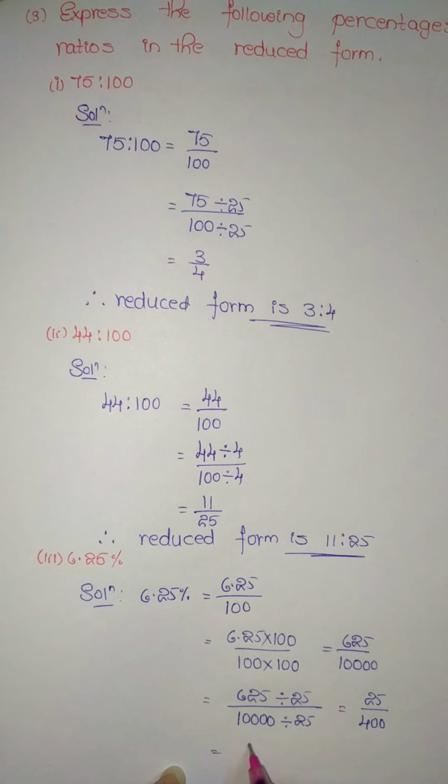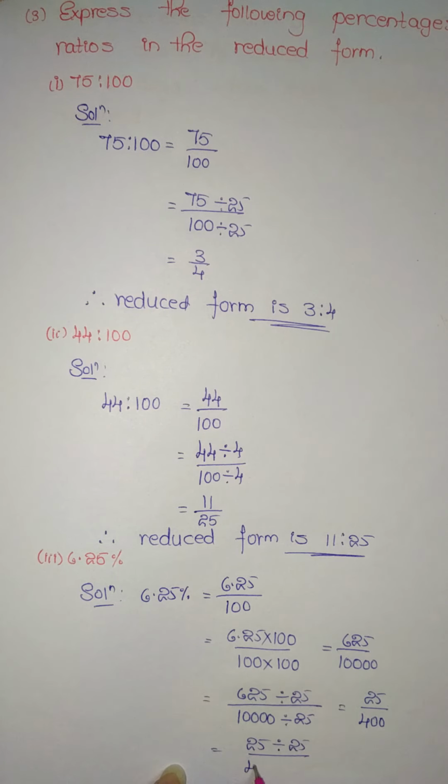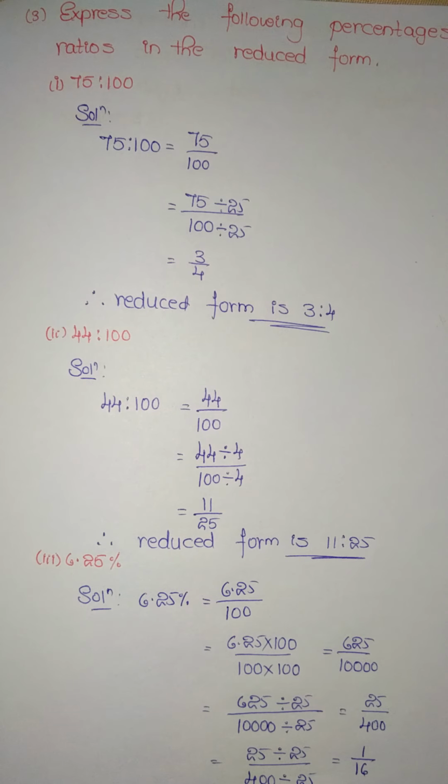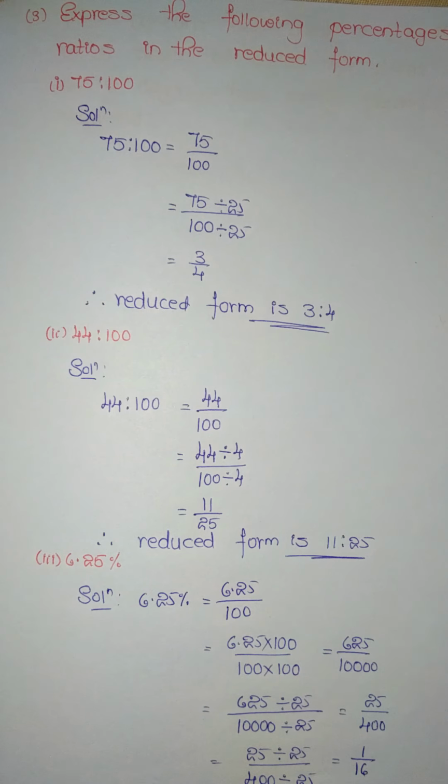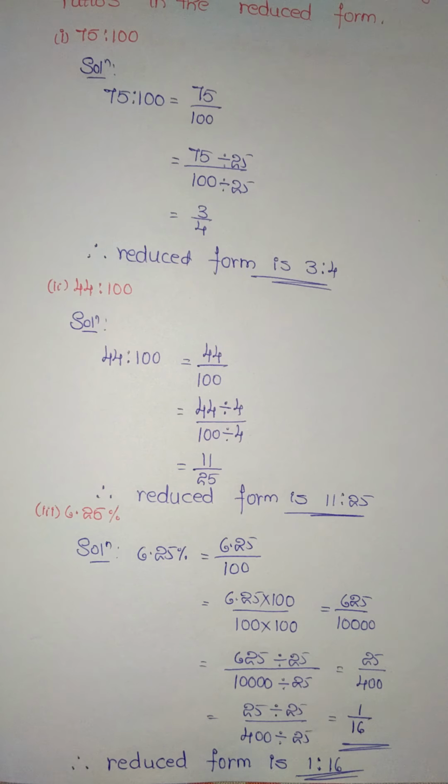So 25 by 25, and the denominator is 400 by 25. So it becomes 1 by 16. So here reduced form, इसका reduced form है 1 by 16. So we can write, reduced form is 1 raised to 16. So it completes our question number 3.